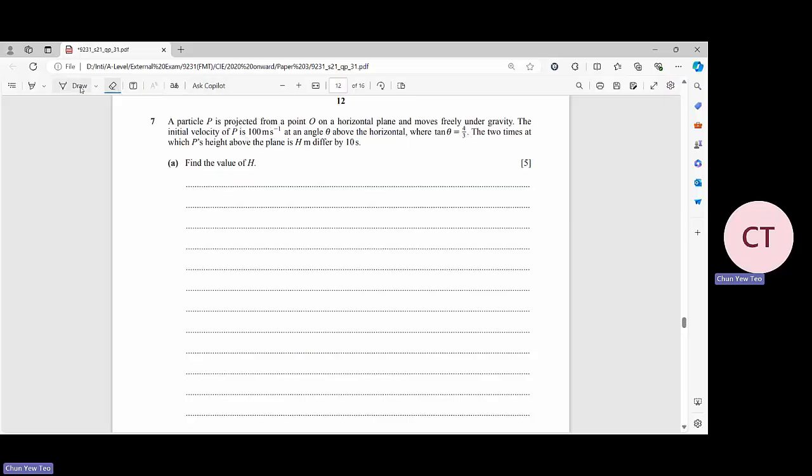So over here, we try to understand the situation. You are moving up with the angle of theta. They give you tangent theta is equal to 4/3. From here, we can draw a small right-angled triangle, 4 here, 3 here. Pythagoras theorem will give you 5. You are moving with the speed of 100 meters per second.